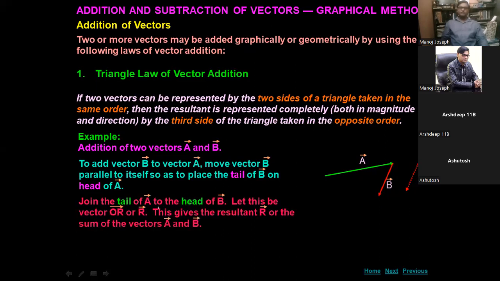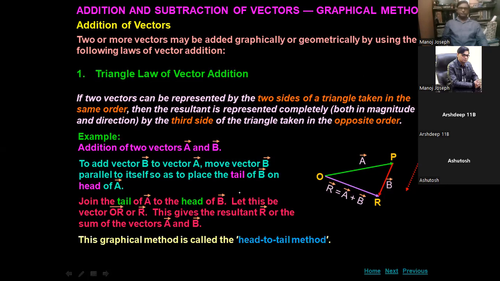Then the third side, when we join the tail of A to the head of B, is one more vector called vector R, the resultant of vectors A and B, which represents the sum in terms of magnitude and direction as well. So this graphical method is called the head to tail method.